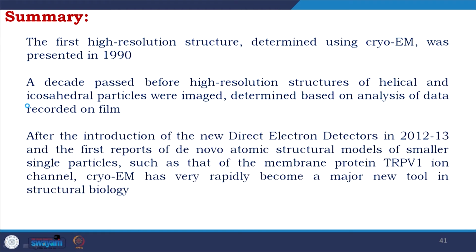After the introduction of the new direct electron detector in 2012-13, which is one of the landmarks, and the first reports of de novo atomic structural models of smaller single particles, such as the membrane protein TRPV1 ion channel, cryo-EM has very rapidly become a major new tool in structural biology for determining atomic structures.